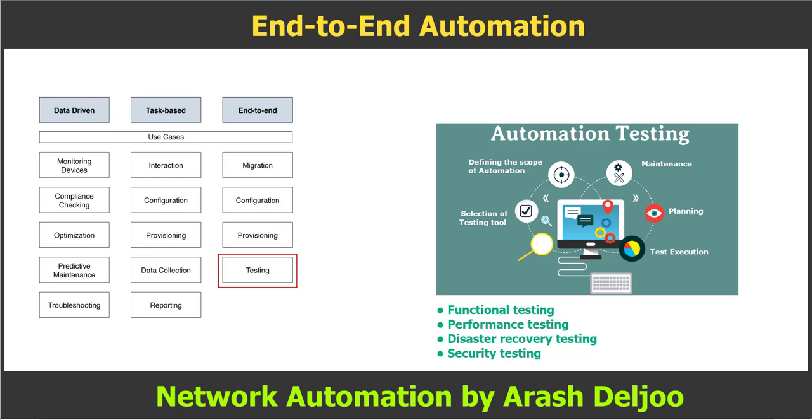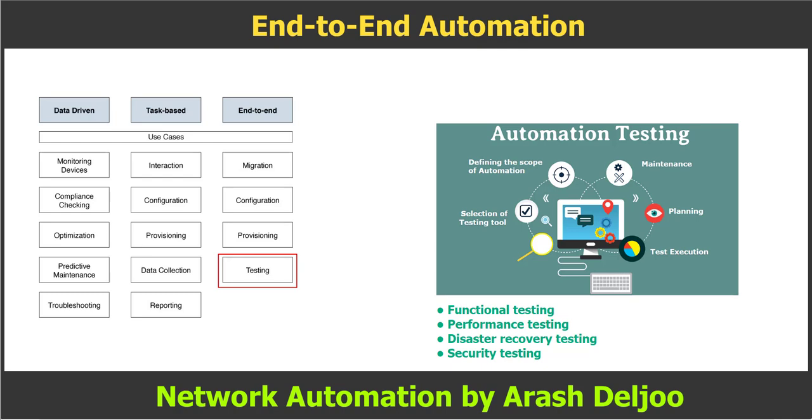By having automated test suites, you can verify the network status and the characteristics of the network quickly and in a reproducible manner. Network testing encompasses various categories, including the following: functional testing, performance testing, disaster recovery testing, and security testing.